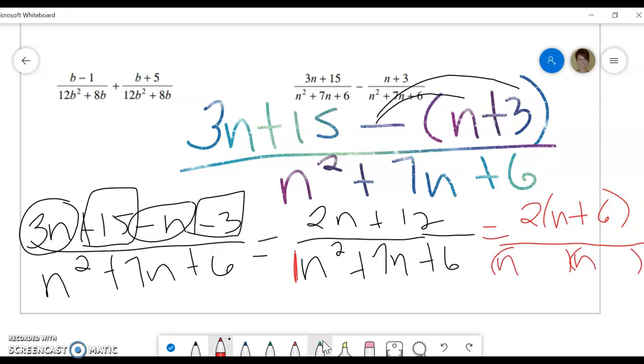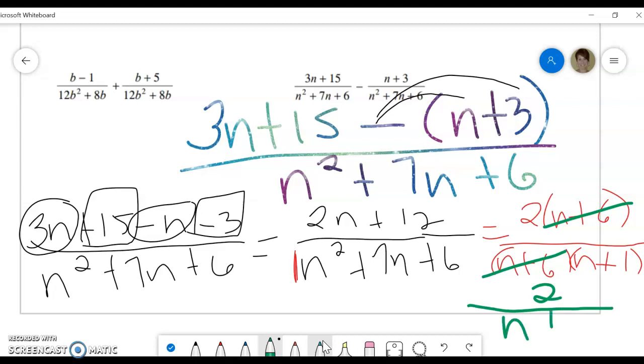So the two numbers that multiply together to give you 6 and add to give you 7 are a positive 6 and a positive 1. So sure enough, we have things that will cancel. So the factor of n plus 6 on the top will cancel with the n plus 6 on the bottom. And your final answer would be 2 all over n plus 1.